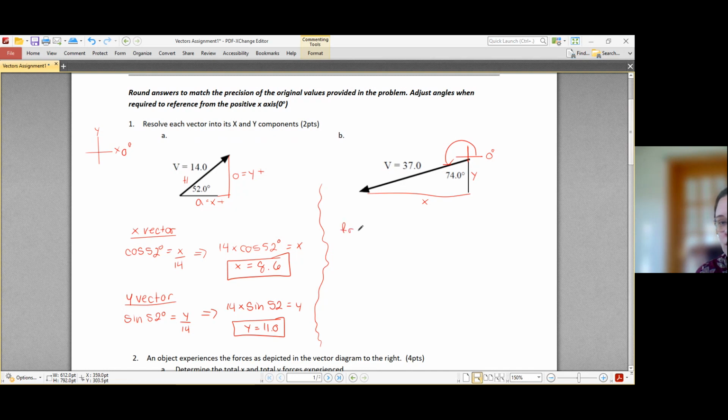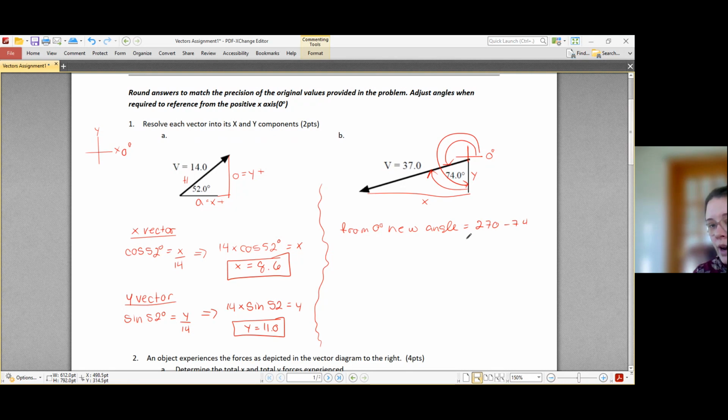So from 0 degrees, that vector, the new angle, is equal to 270 degrees minus 74. So it takes us, I don't know if I can change my ink color in here. If we go all the way around to 270, that takes me to the y-axis, and then I have to go back 74 degrees to get to the vector angle.